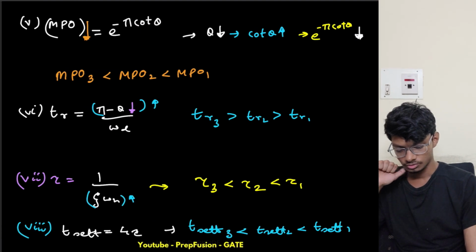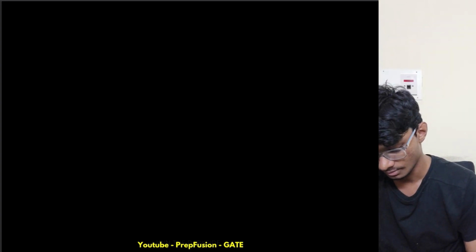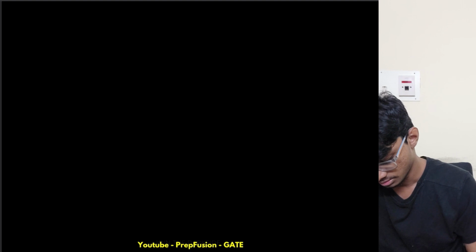So now let's go for the third variation. What is the third variation? The third variation is basically where my theta is constant. I keep my theta constant.